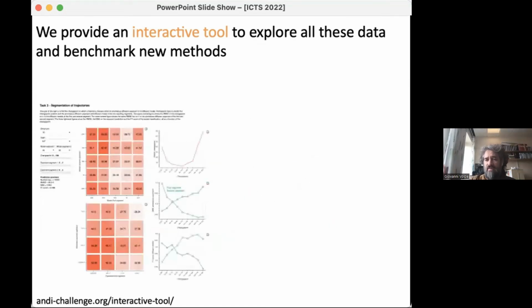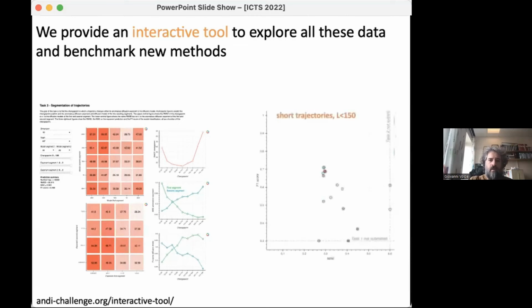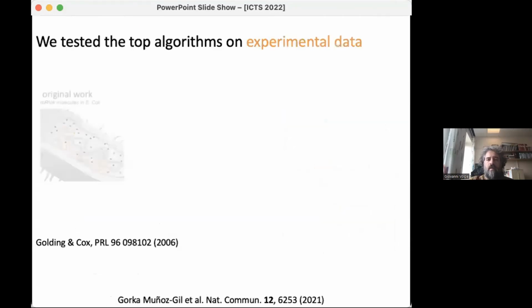And even more interestingly, you can input your own data and compare your performance to the one of the other teams on the same data set that we used for evaluating the challenge, which of course gives you a possibility to benchmark new approaches against what you have done in the challenge. So we have plenty of possibilities.